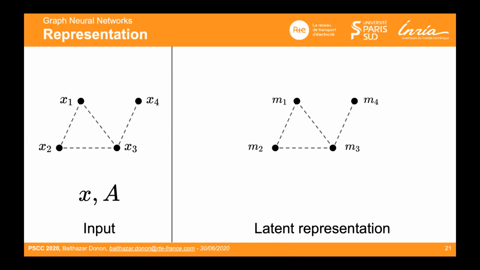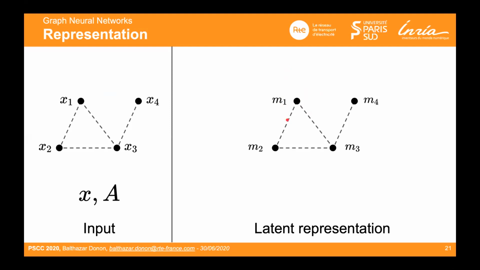And what we will do is create a latent representation of this graph. So we will associate to each node a certain variable that we call m_i, which is a latent representation of the state of the node. And this information can be a vector of dimension D, where you get to choose the value of D. So if you want a very large latent representation, you can.